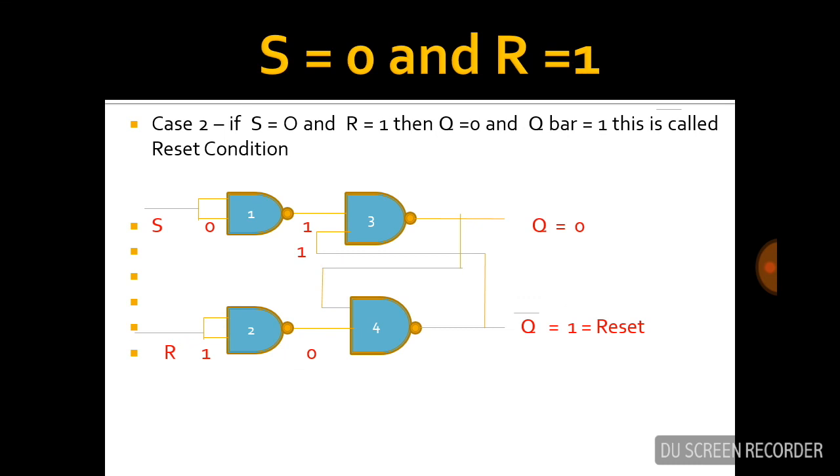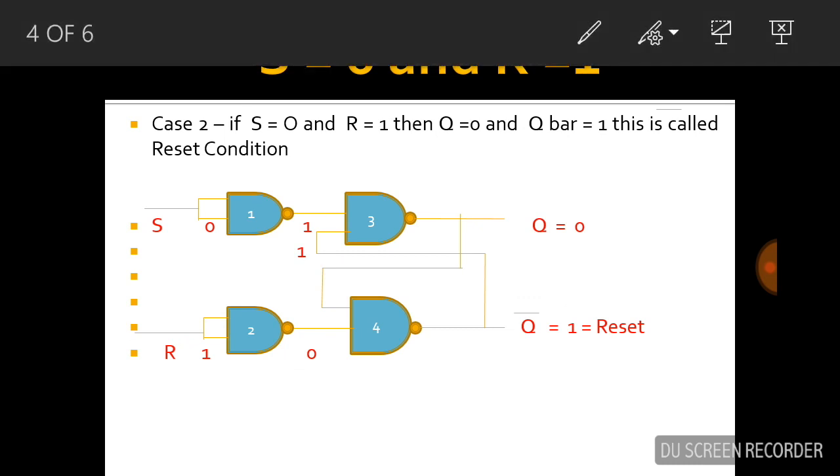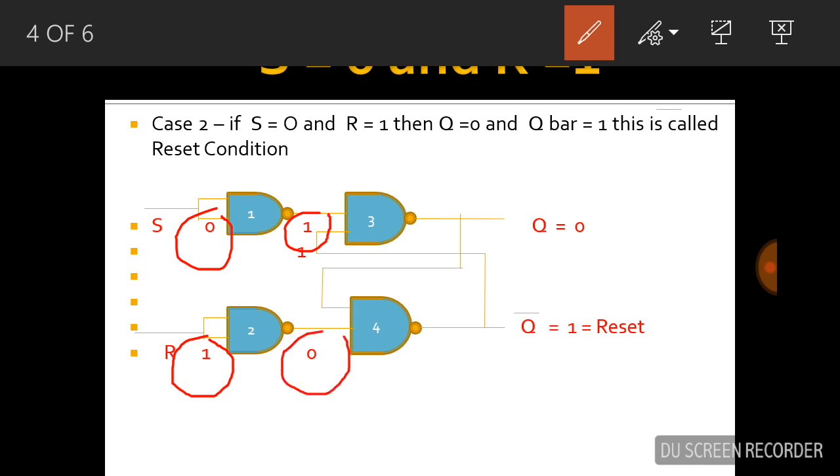Second condition: S is equal to 0 and R is equal to 1. S is equal to 0, so the output of the NAND gate is 1. If R is equal to 1, the output of that NAND gate is 0.